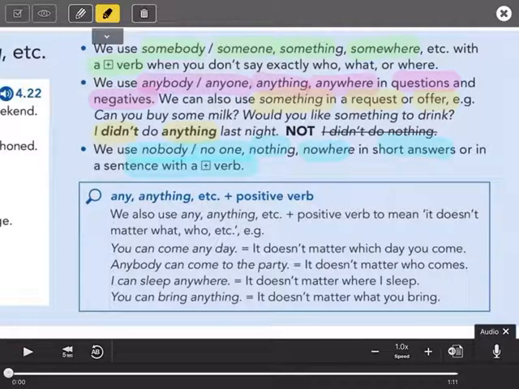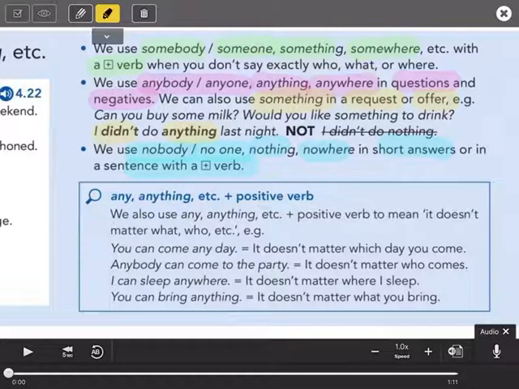Okay? So we use the no version, la versión con no, in short answers and when I have a positive verb. Okay, so far so good. Remember, this is exactly like some y any, pero ahora ampliamos: somebody, someone, something, somewhere, anybody, anyone, anything, anywhere, nobody, no one, nothing, nowhere. Okay?